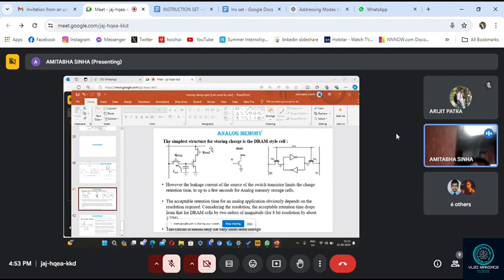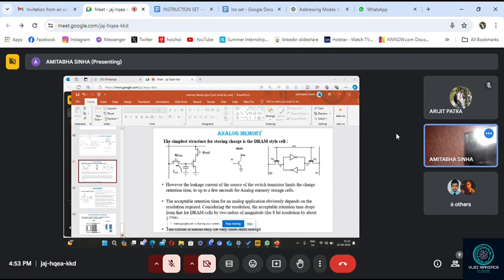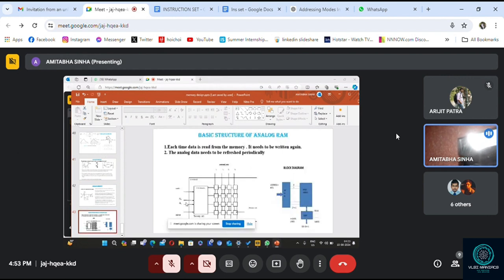But in reality, there will be many storage cells. So how could it be done? Now we know the random access memory. This is the basic structure of analog random access memory. We all know the random access memory used for digital data storage. For storing data into a memory, we must supply the address.